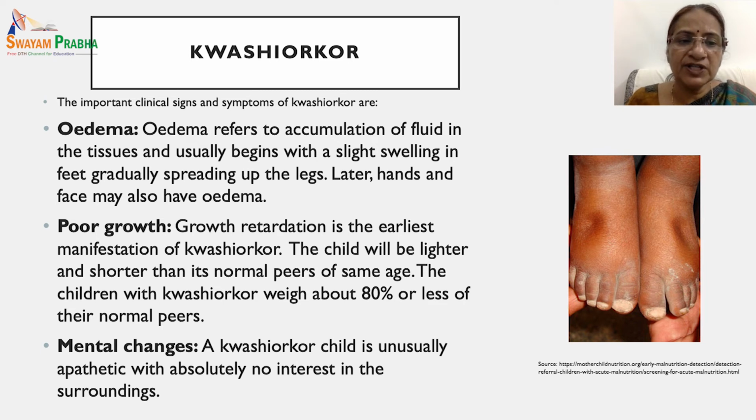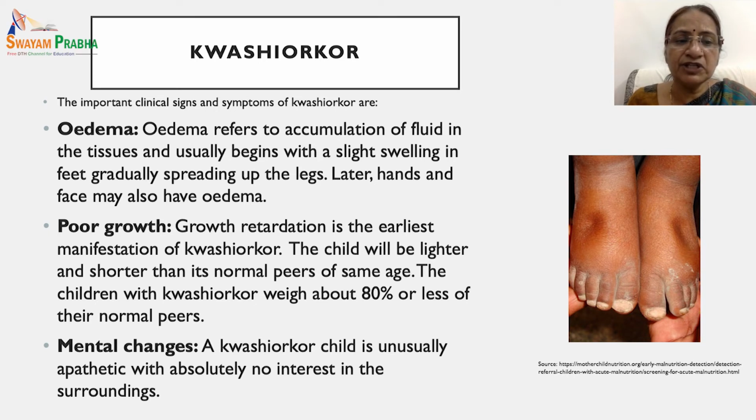A kwashiorkor child is usually apathetic, with absolutely no interest in the surroundings. The child will also be irritable and prefers to stay at one place and in one position. The signs discussed above are essentially present in a child suffering from kwashiorkor.